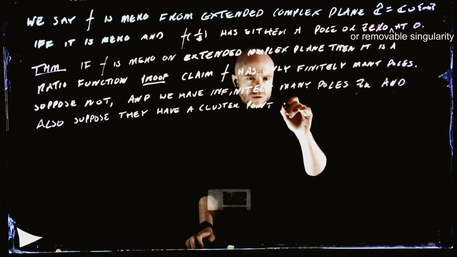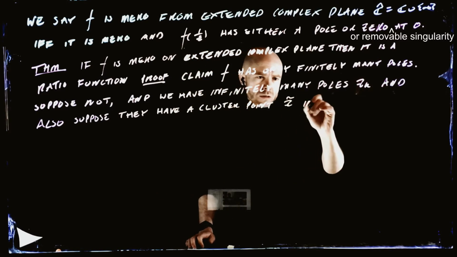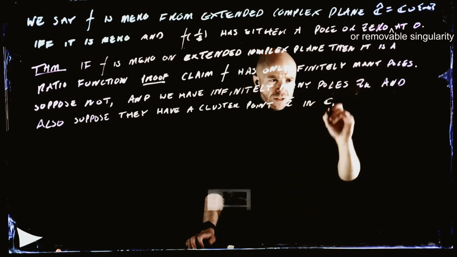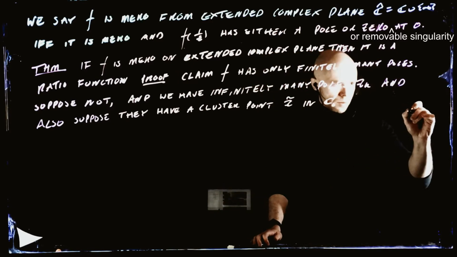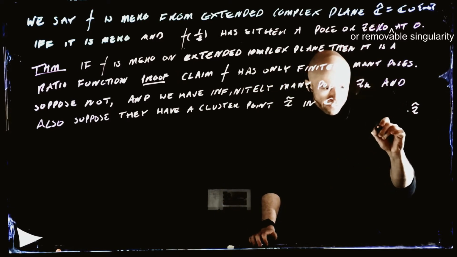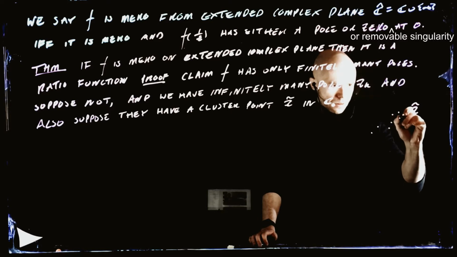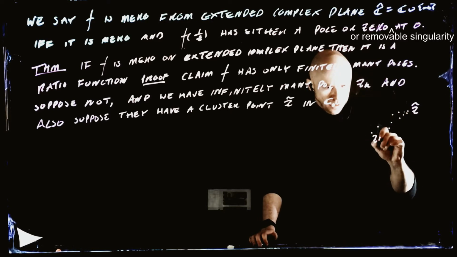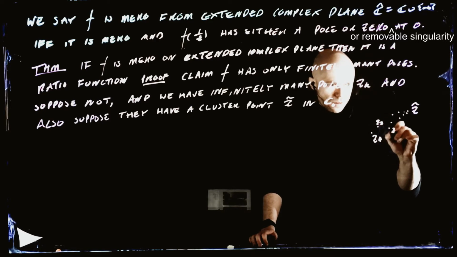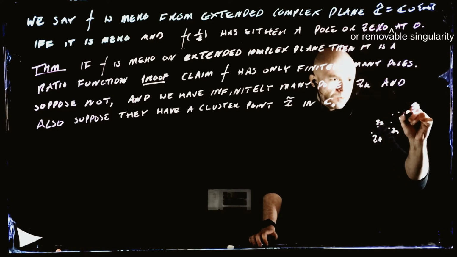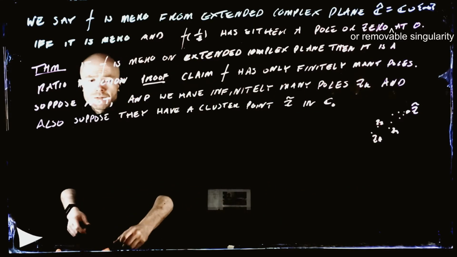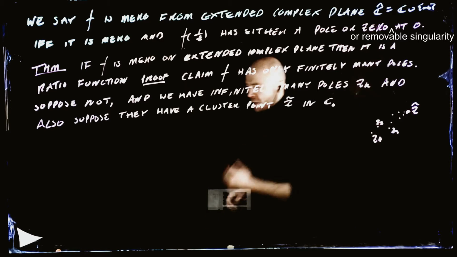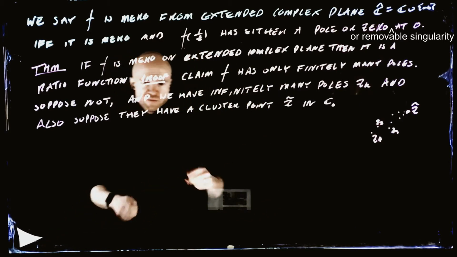Let's call the cluster point z tilde in the complex plane. Okay. Well, what would we know about the cluster point? So let's put z tilde here. So we have this sequence, let's say this is z1, z2, z3, and so on, that tends towards this cluster point right here. So what properties would we expect of a function f at z tilde?